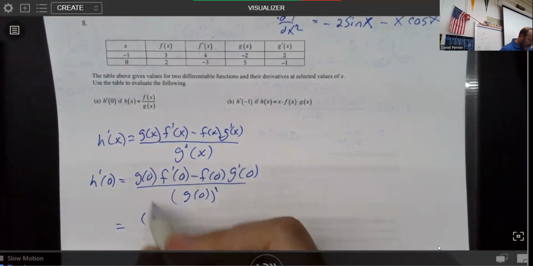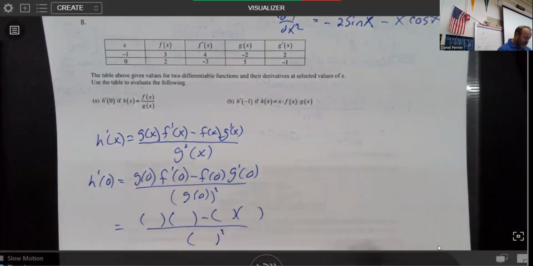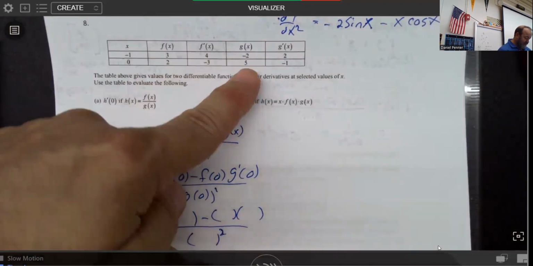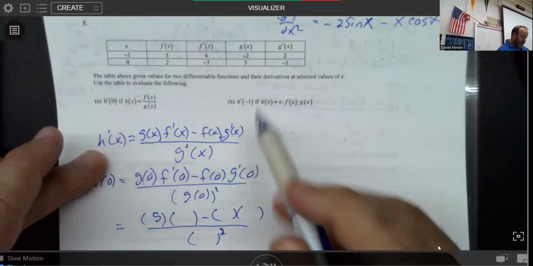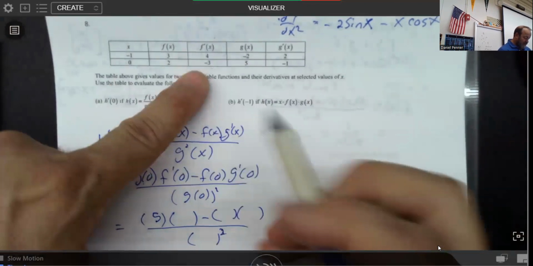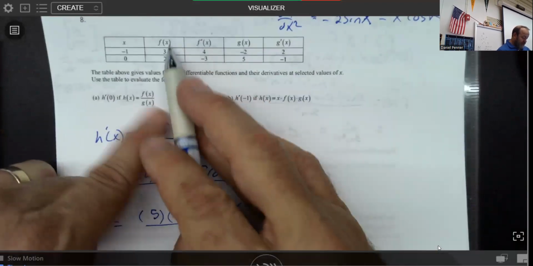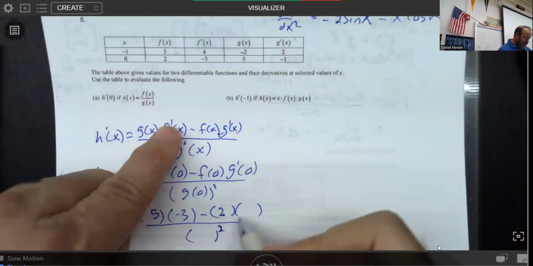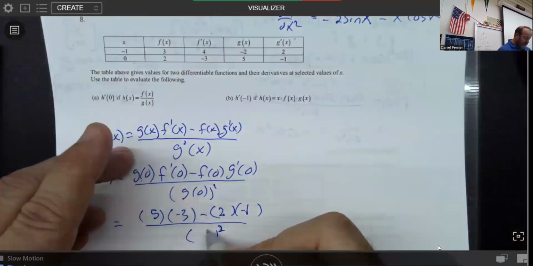So I got a number here, here, here, here, and here squared. Okay, so g of 0 is 5. f prime of 0 is negative 3. f of 0 is 2. g prime of 0 is negative 1. And g of 0 is 5.